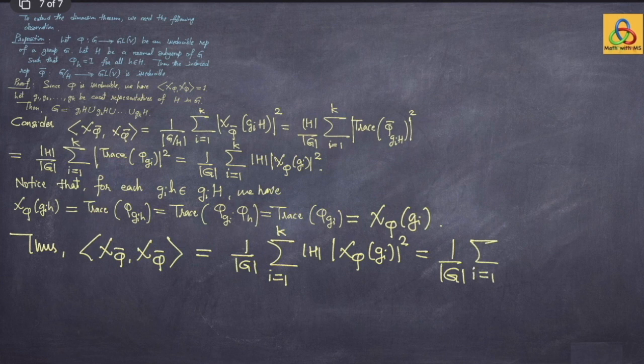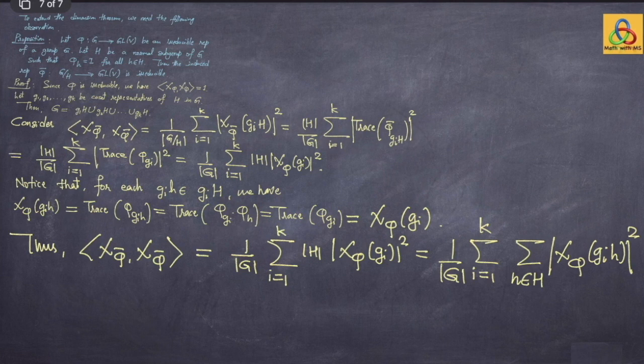So therefore I can write the inner product of chi phi bar with itself as 1 by order of the group G, summation i from 1 to k, and now this order of H times that expression I replace as summation little h in H of chi phi of gi little h mod square.